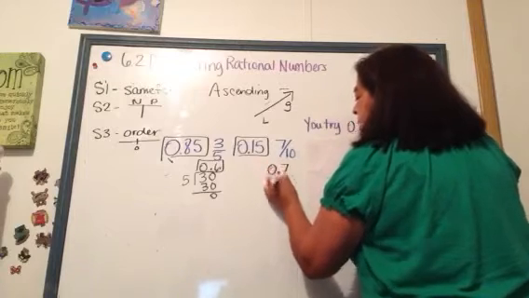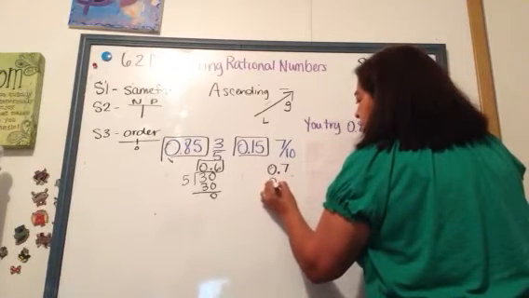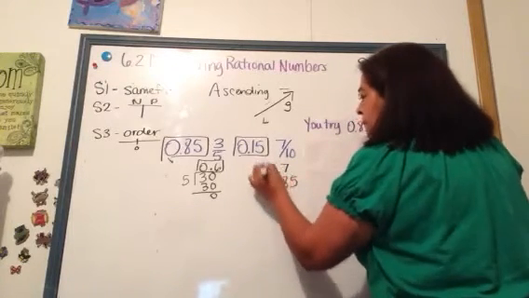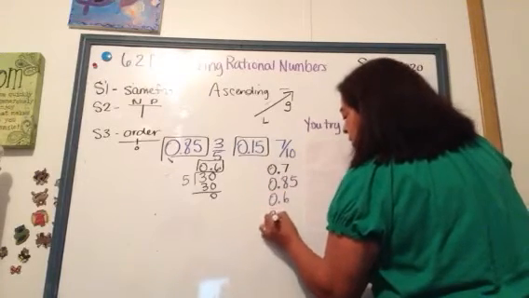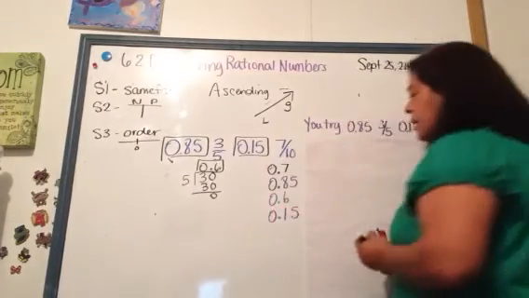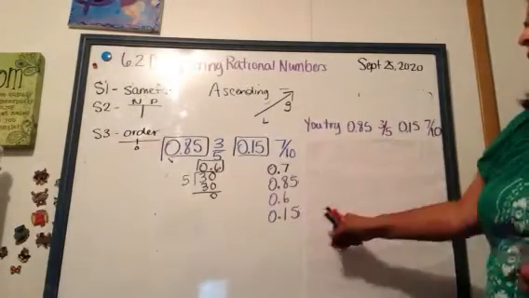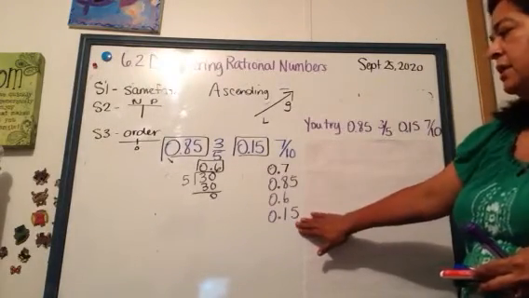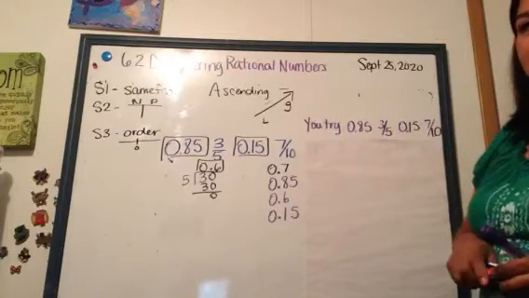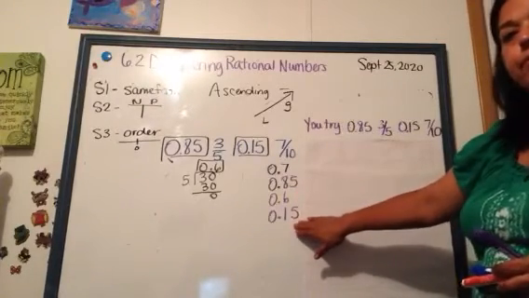I have 7/10. I'm going to write 85/100, 6/10, and 15/100. Now, when some students look at this, they're going to say, Miss Atkinson, 15/100 is greater than 6/10 because it has two numbers.